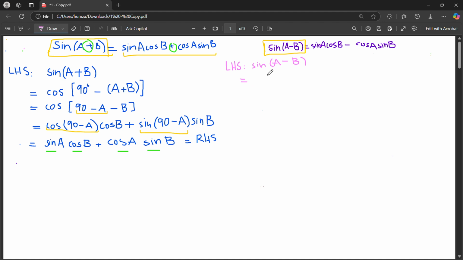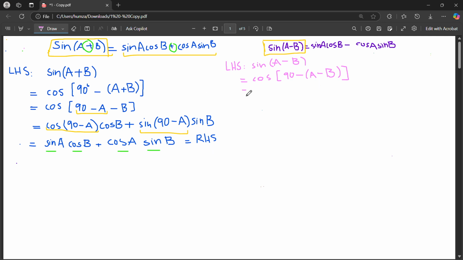sin A minus B will give you cos of 90 degrees minus (A minus B), and this is again a co-ratio. We did co-ratios in grade 11, and so you should be able to identify and write the co-ratios.